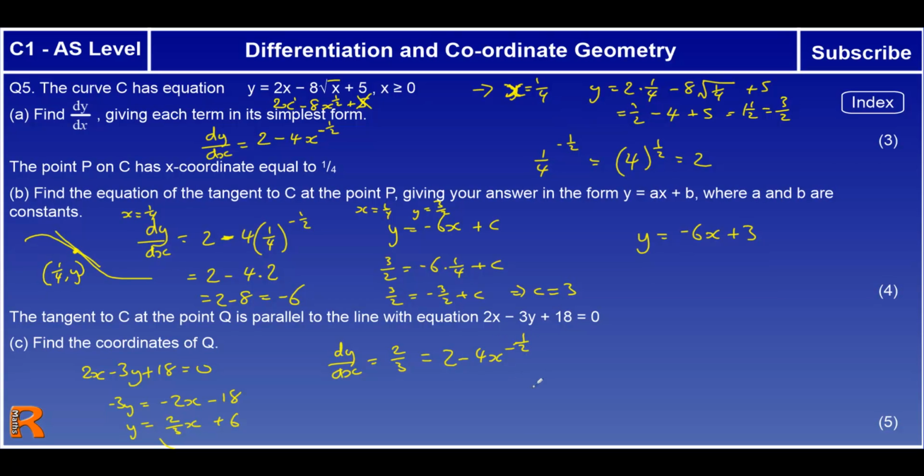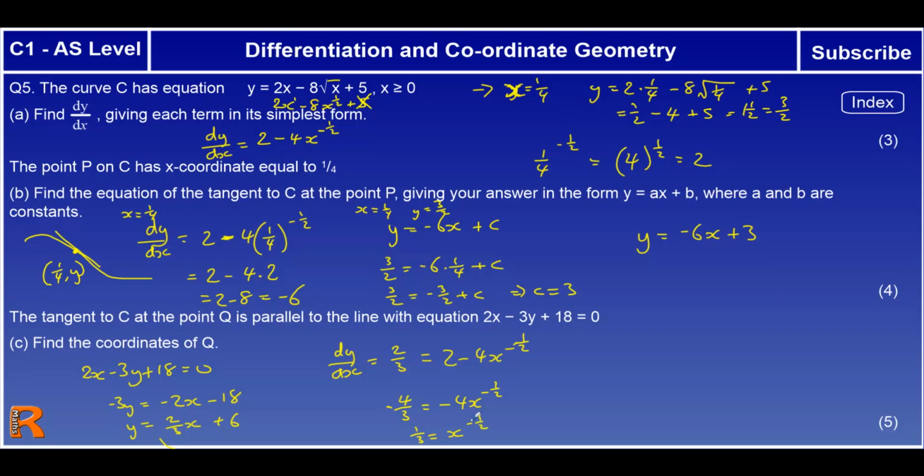And hopefully we can solve this to find the value of x. So if we take away the 2, we get minus 4/3 equals minus 4x to the minus a half. Divide by the minus 4. Minus 4/3 divided by minus 4 is just 1/3 equals x to the minus a half.